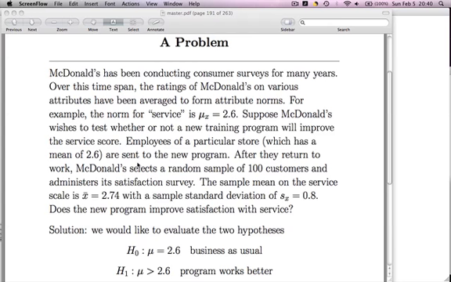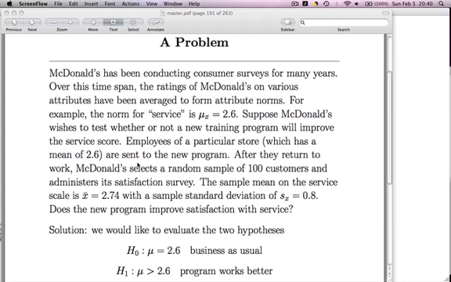For example, the service norm is a 2.6. Presumably this is measured on a 3-point scale, although I guess it could be 4-point. If you survey customers at McDonald's and find that the mean is 2.6, then that franchisee's location is a typical one. If they're above a 2.6, they're doing really well in service. If they're below a 2.6, then there's something wrong, and McDonald's should jump in and fix it.